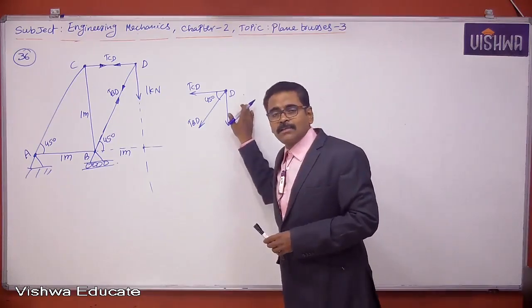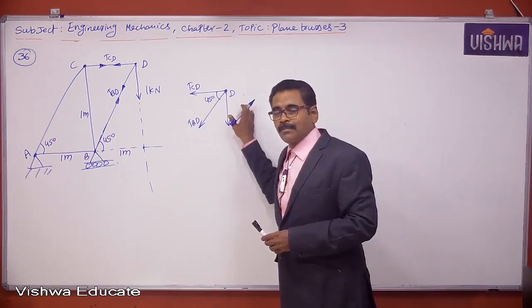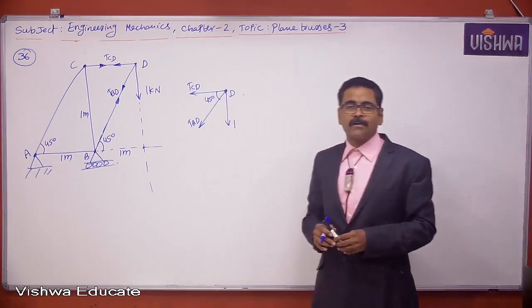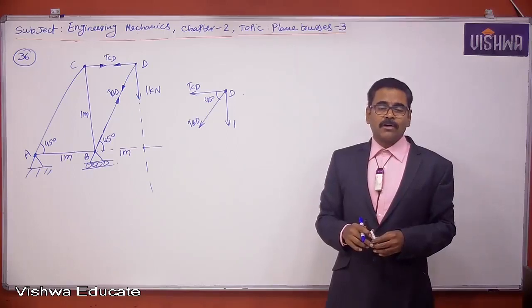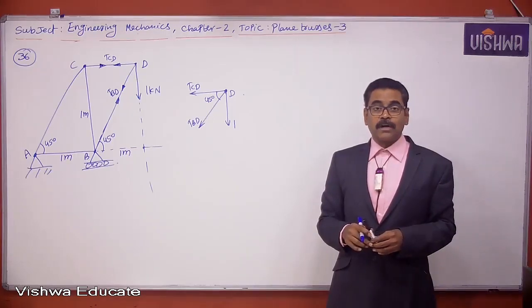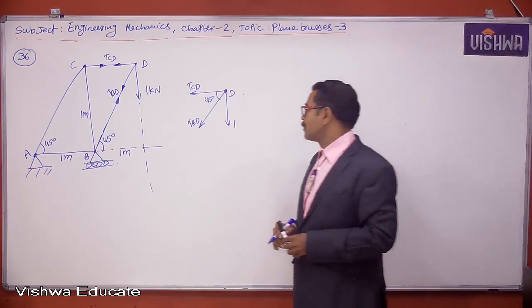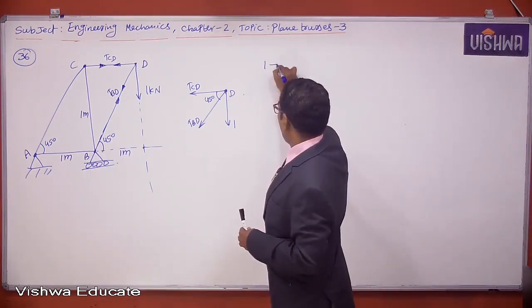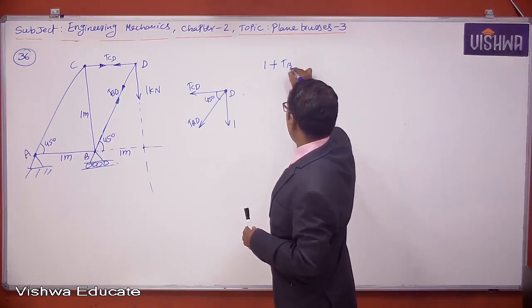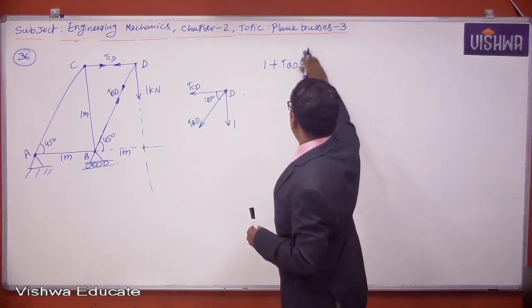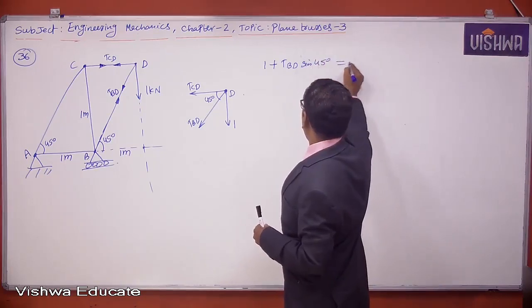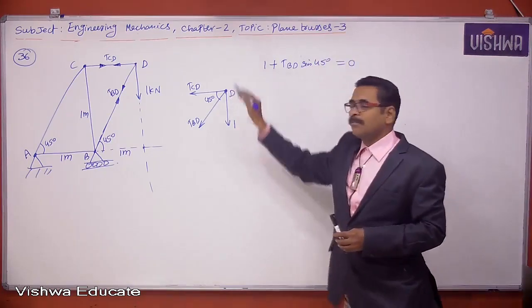This joint D is in static equilibrium. Now I can easily write: sum of rightward components equals sum of leftward components, and sum of downward components equals sum of upward components. What is the sum of downward components? 1 plus TBD sine 45 is equal to 0, as there is no upward component here.